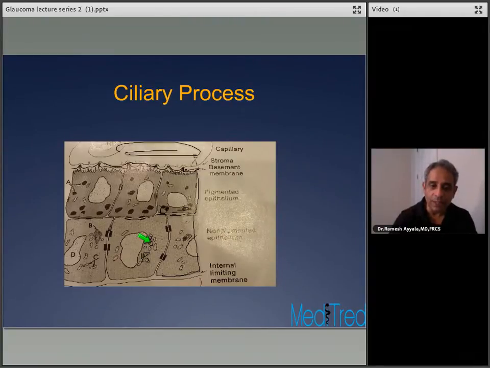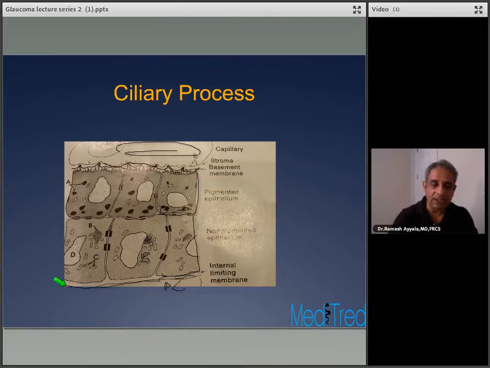And then you have the internal limiting membrane. This internal limiting membrane, and here is the posterior chamber. Okay, the posterior chamber is somewhere here. So this internal limiting membrane here is the continuation of the internal limiting membrane of the retina, except it's a little modified. It's thicker for one thing, and one of the functions of this internal limiting membrane is to be attached to the zonules.